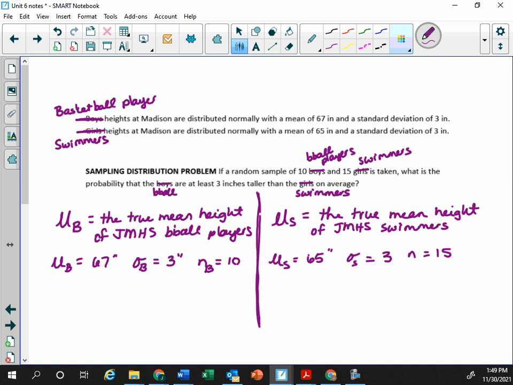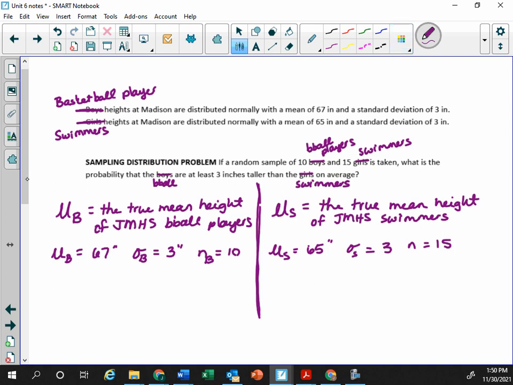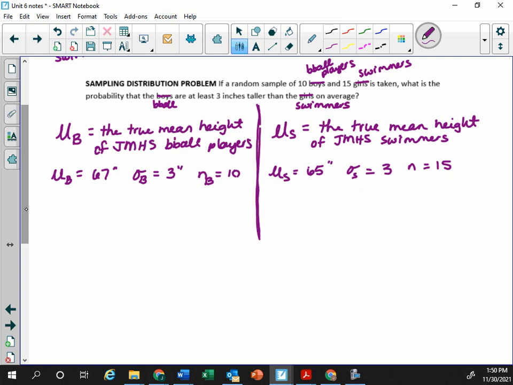What do you think we have to do next for both? Conditions, okay. All right, normality. How do we know this is a normally distributed distribution? Why do we know that?